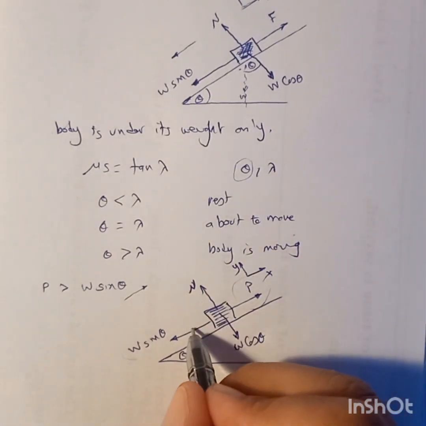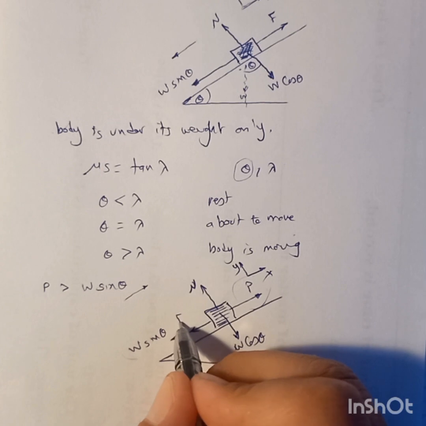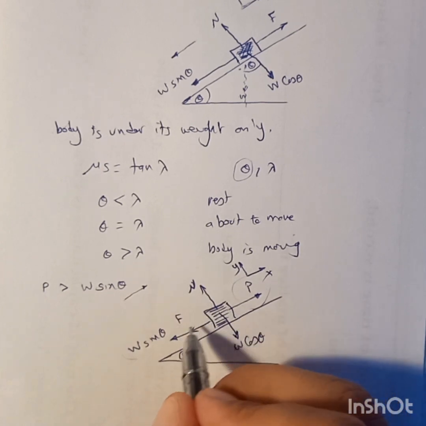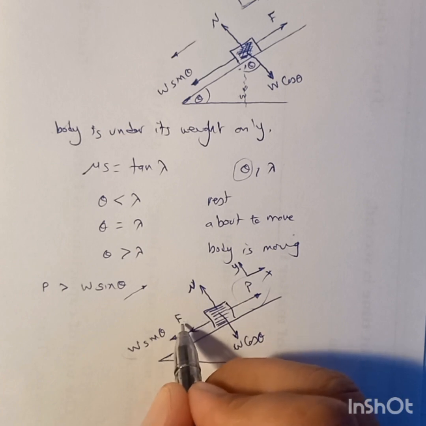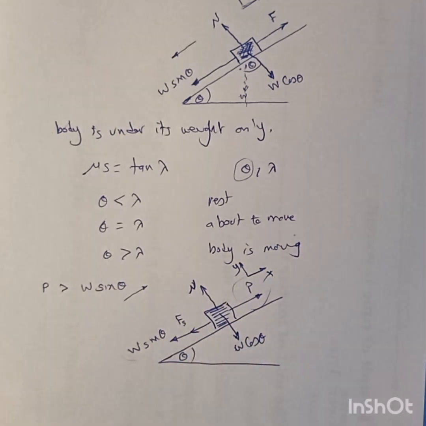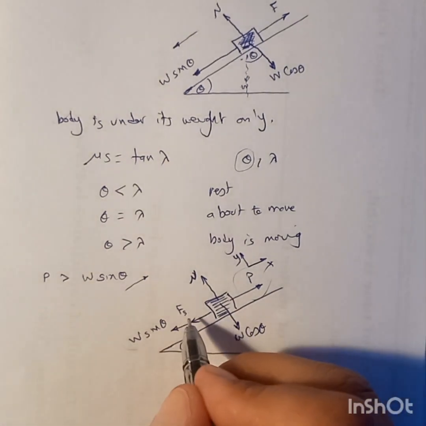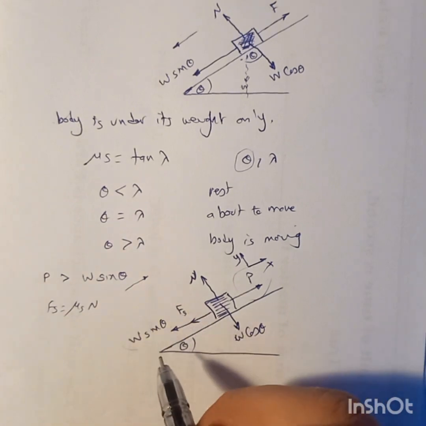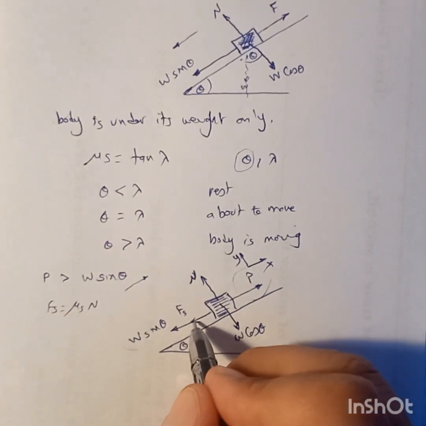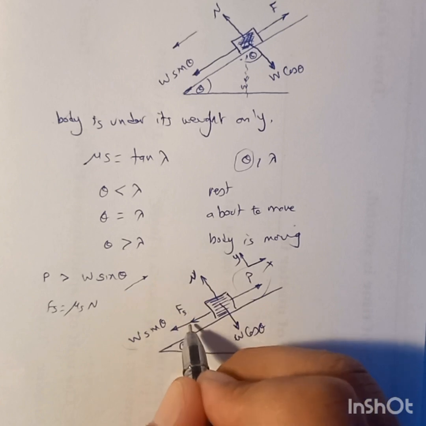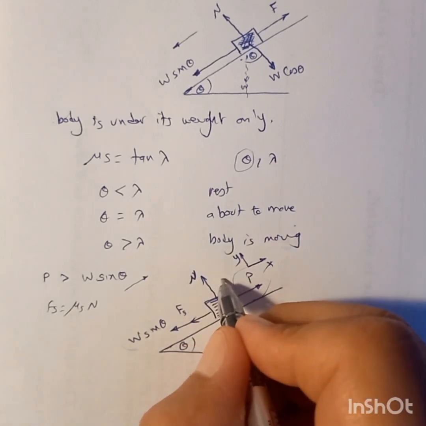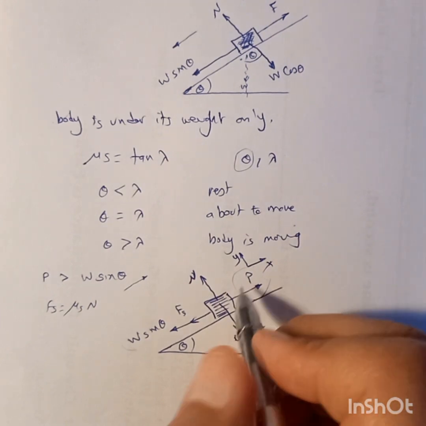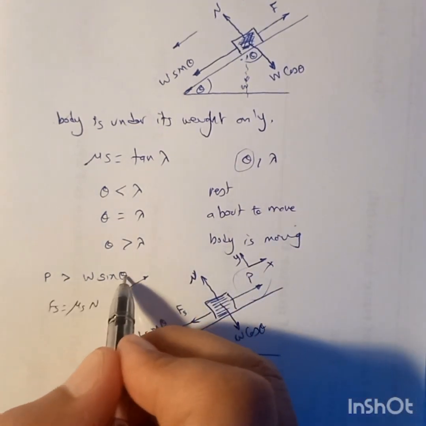Then in the opposite direction we have the friction force F, and if the body is in equilibrium or about to move, then F equals the limiting friction force Fs, and Fs equals mu s times N if the body is about to move. The direction of this friction force is opposite to the expected motion direction, which is up the inclined plane, as P is greater than W sine theta.